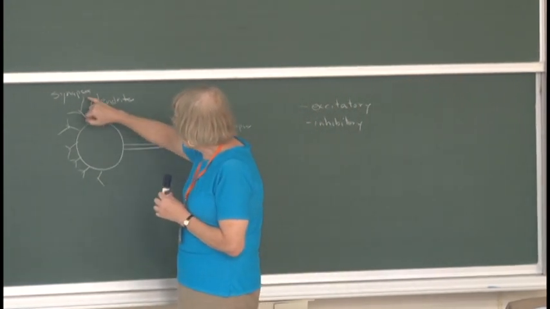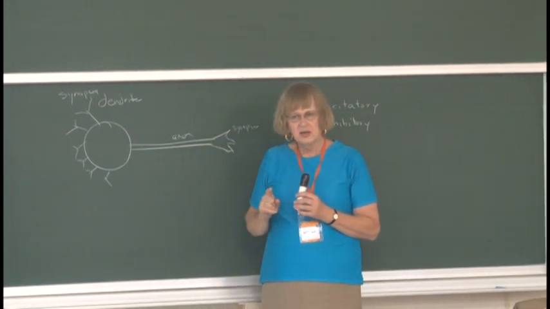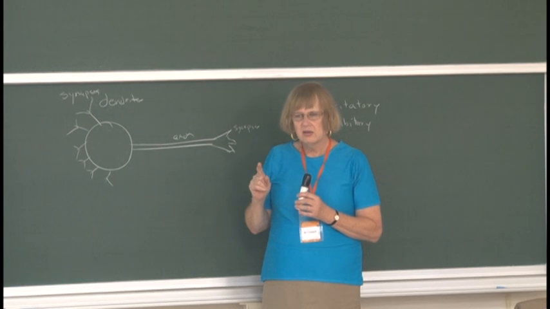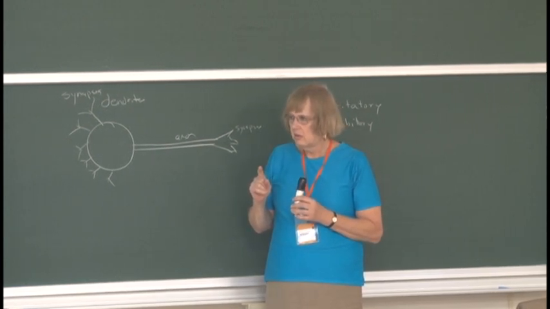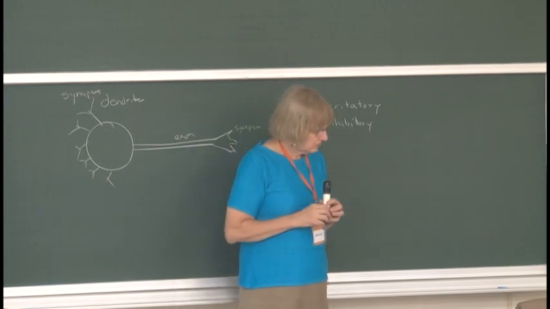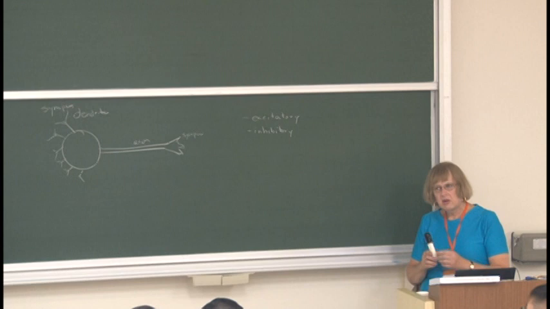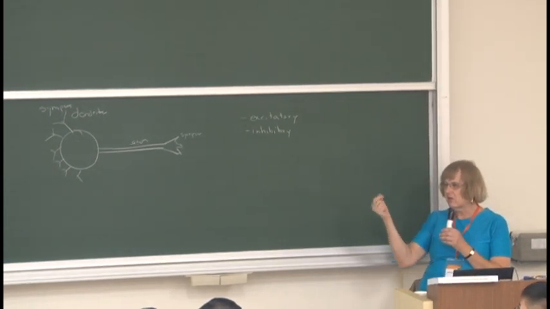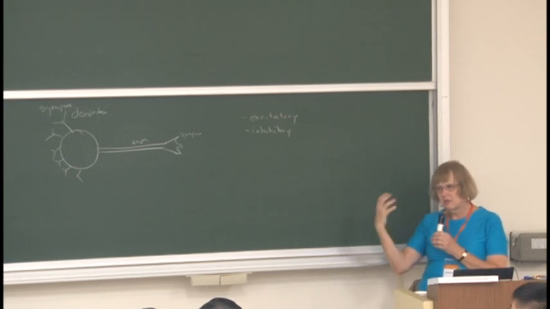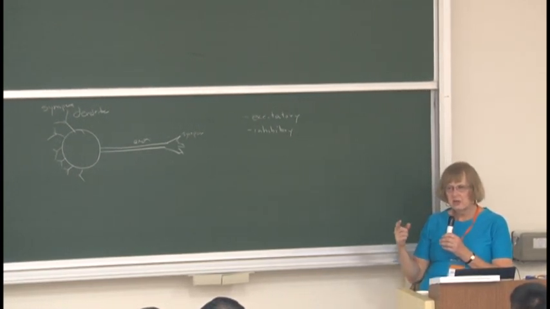Okay, so how are signals encoded in the neuron? Let's say we want to encode how hard I'm pressing down on my finger, or how bright the light is at a certain point. How is that encoded?